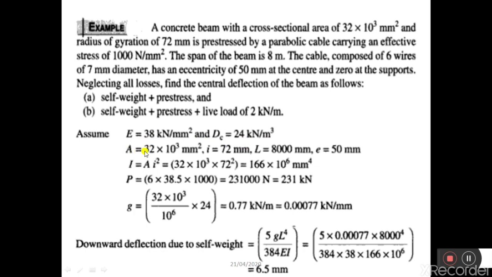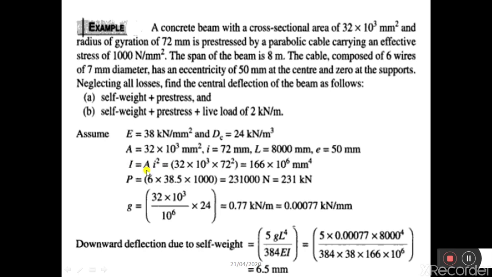Therefore, first area is given 32 into 10 to the power of 3 mm square. I is not given as moment of inertia, they have given radius of gyration, it is 72 mm, span is 8 meter, that is 8000 millimeter, eccentricity is 50 millimeter. Therefore moment of inertia I is equal to A into r square, area into radius of gyration square.